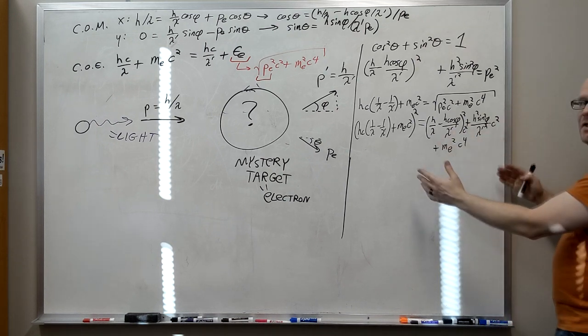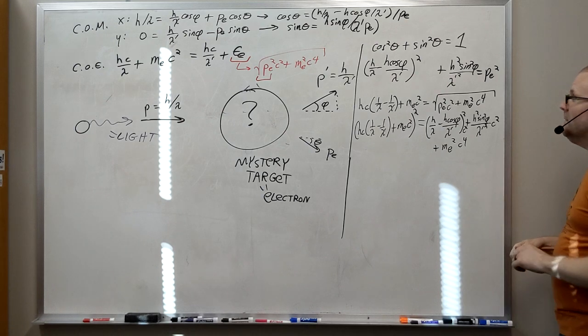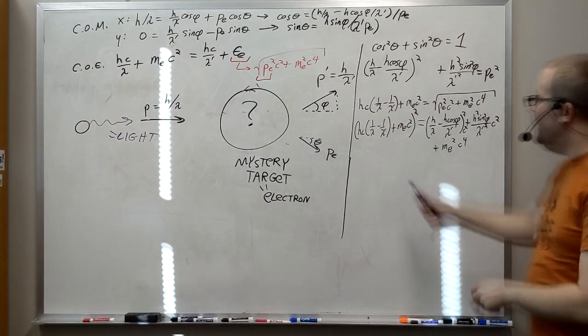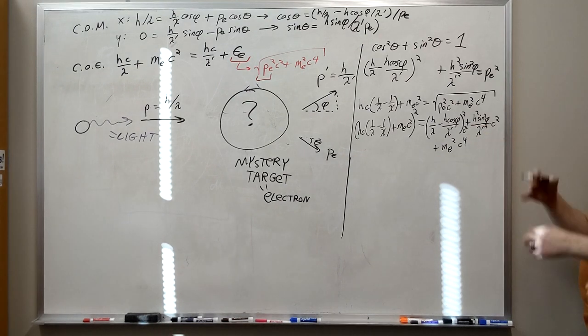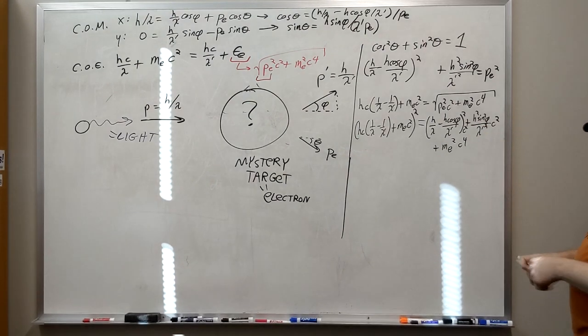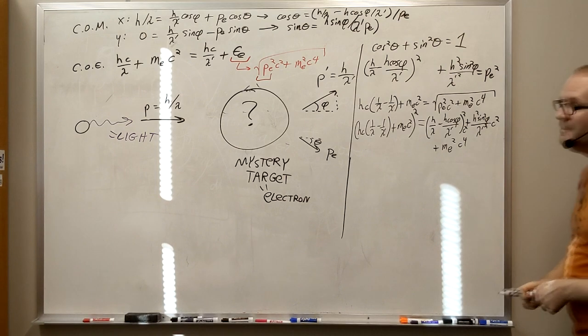This is now all the information that I need in order to get something I can use in an experiment, because I have my incoming wavelength, my outgoing wavelength, and my scattering angle phi. We're just looking for a bunch of other stuff to cancel.